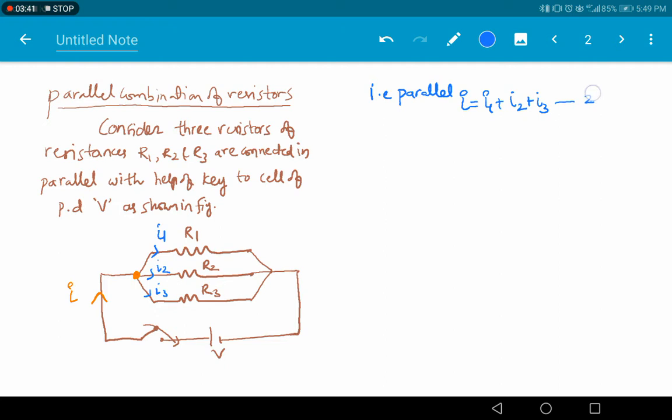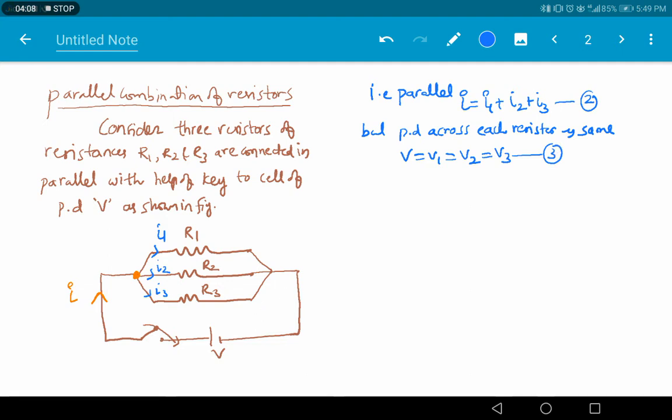I equals I1 plus I2 plus I3. But we know that the potential difference across each resistor is the same, that is V equals V1 equals V2 equals V3.